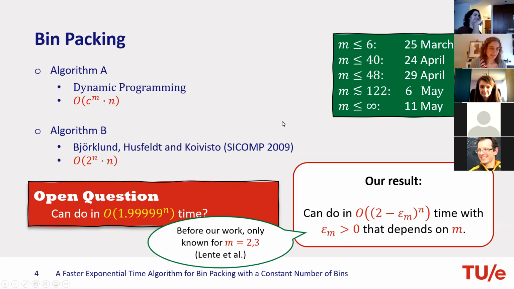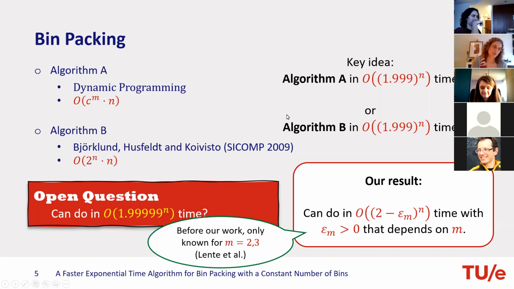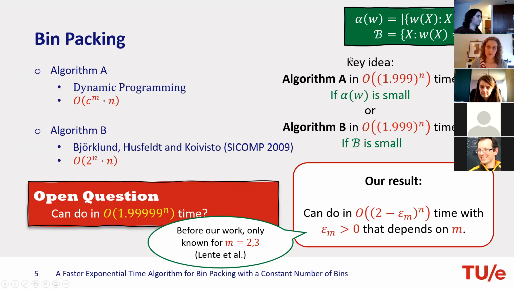So what's the idea? The idea is really this trade-off between the 2 algorithms that I just told you about. Either algorithm A is going to be faster than 2 to the n, or algorithm B is going to be faster than 2 to the n. That depends on 2 parameters, which I'm going to introduce extensively here: alpha of W and B. Alpha of W is the number of weights that we can generate with this weight function, so all the weights that we could possibly have as a subset of the items.